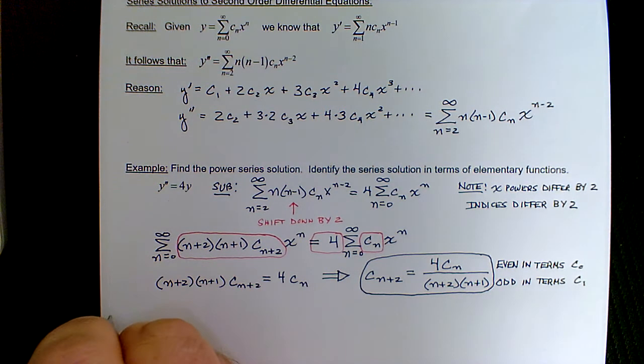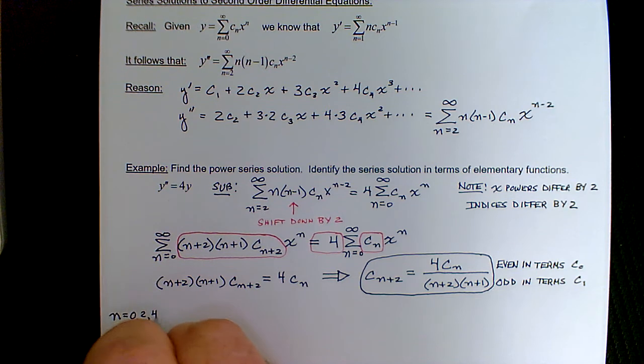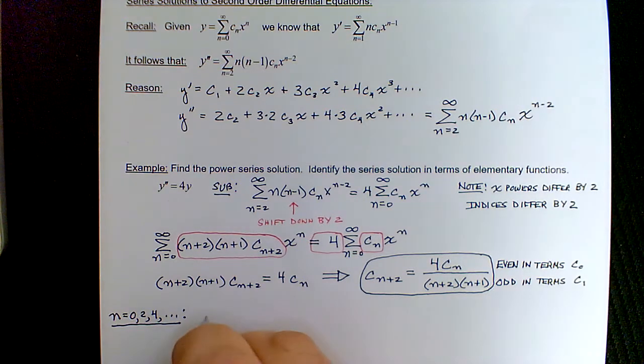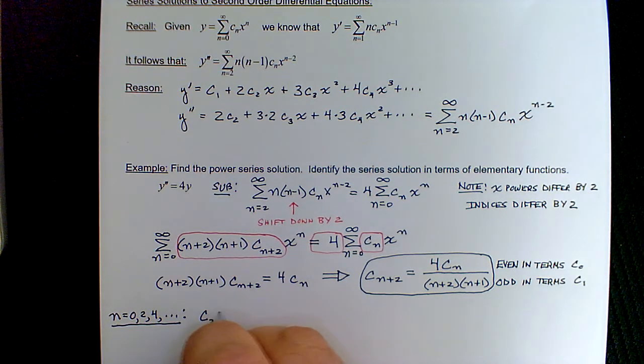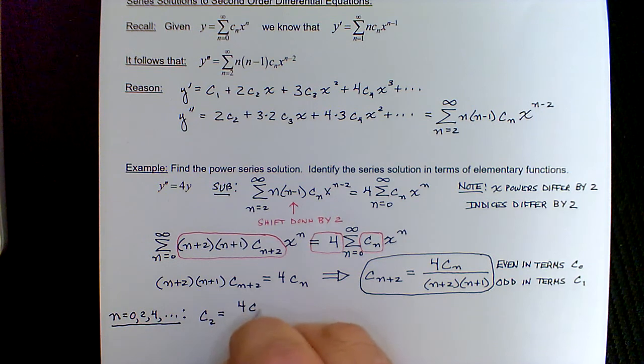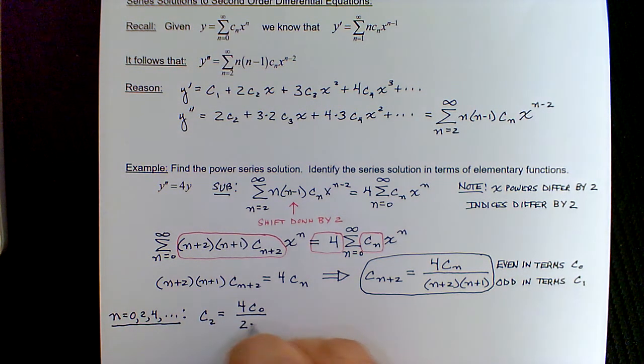So I'll start with the evens. That means n is 0, 2, 4, 6, etc. And when n is 0 into the recurrence relation, we see that c sub 2, because n is 0, would be 4c sub 0 over 2 times 1, because n is 0.